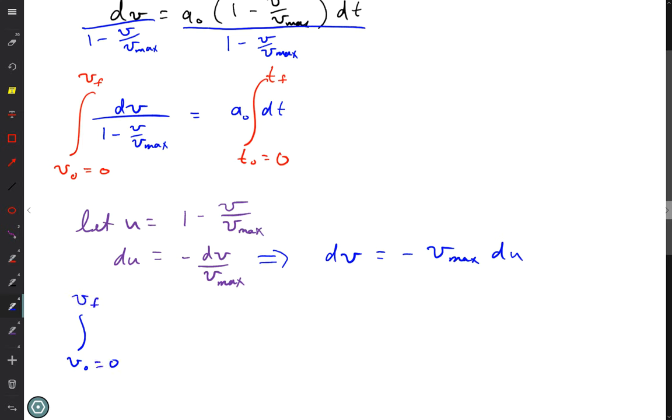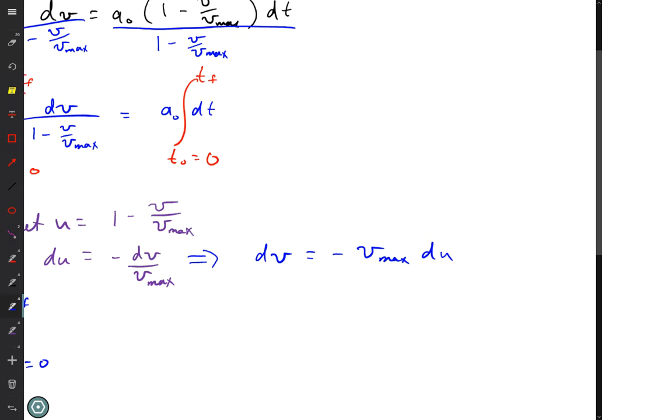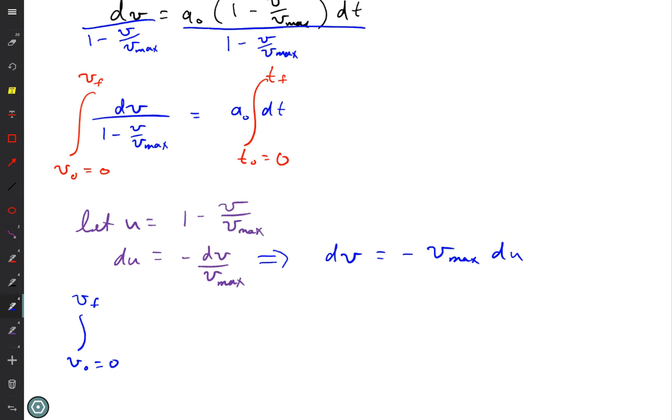I put from 0 to v final. I can't do that. Why can't I do that? Because I just changed the variables. So I'm just going to put u initial to u final of minus v max du over u.